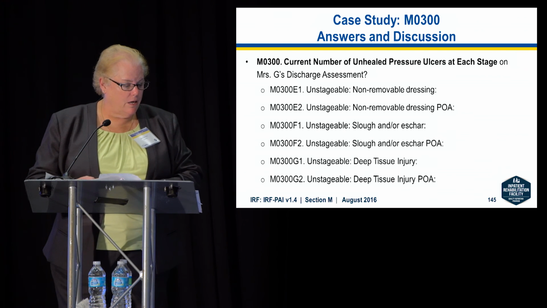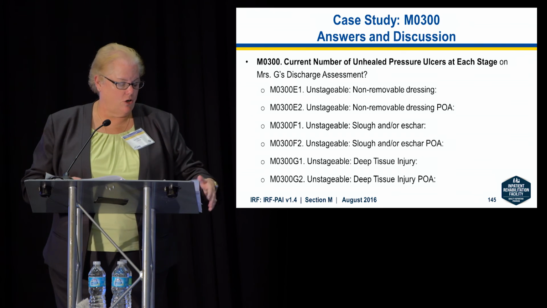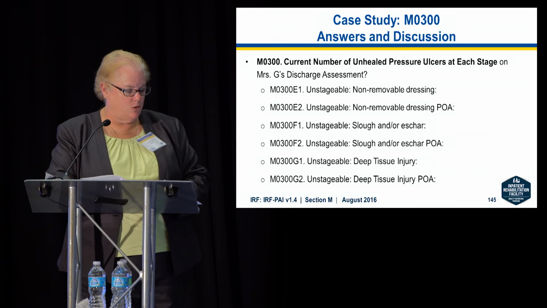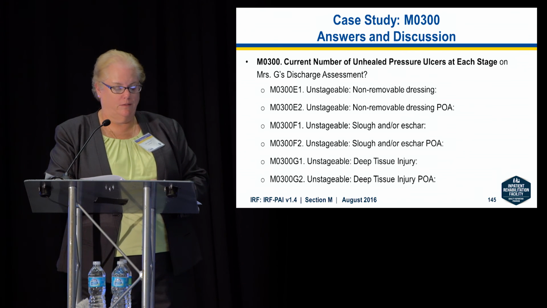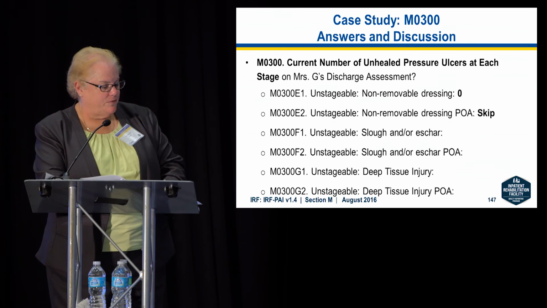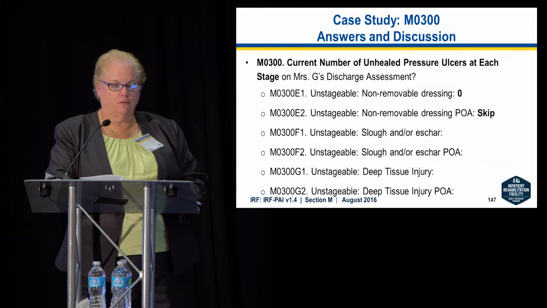All right. Current number of unhealed pressure ulcers at each stage on discharge. M0300E1, unstageable, non-removable dressing. How about present upon admission? Skip. Sorry, that changed in font. M0300F1, unstageable due to slough or eschar.